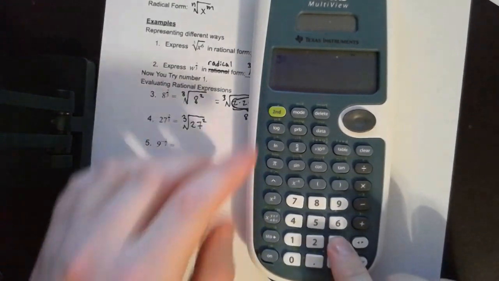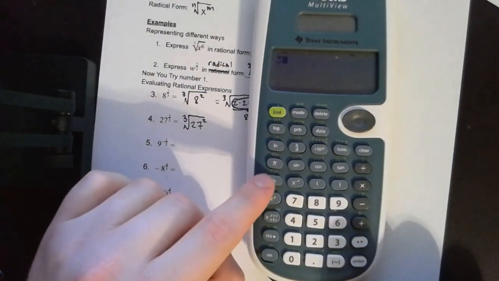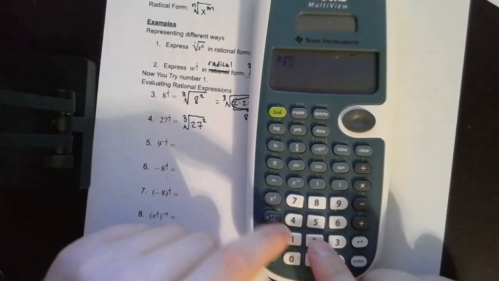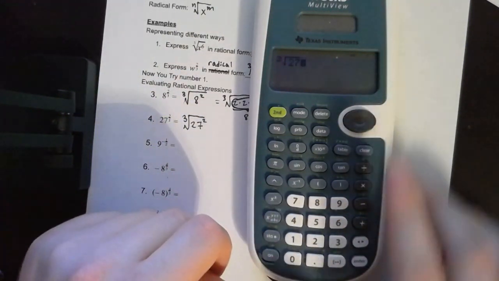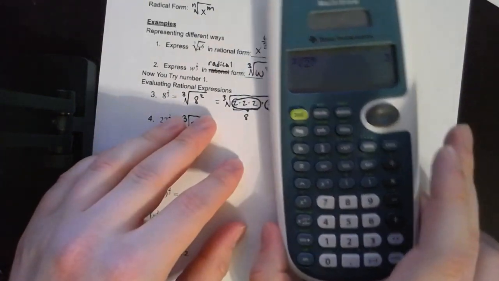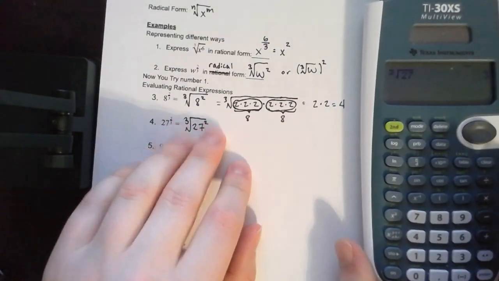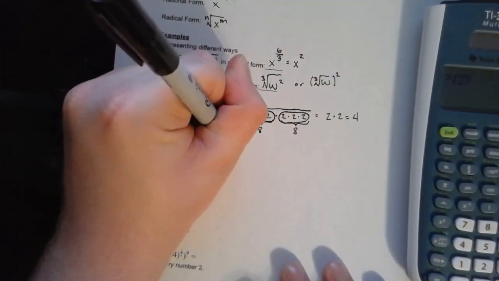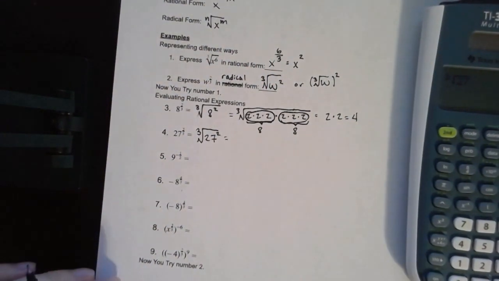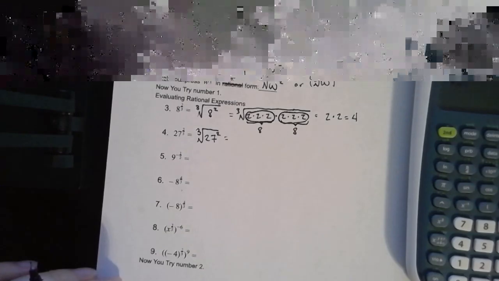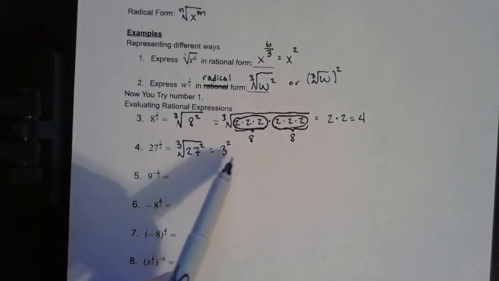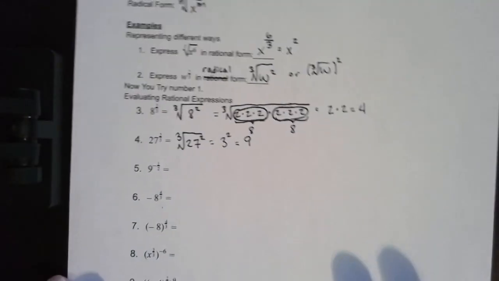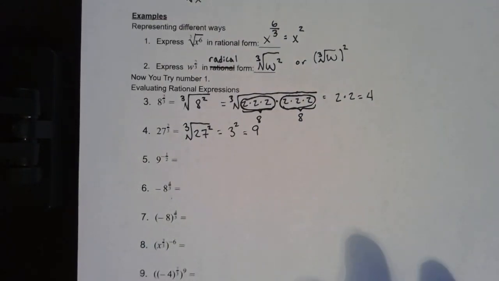Type in 3 first and then second, and then this button right here, that's where you get different kinds of radicals. And then inside we could type 27. So the third root of 27 is 3. So if you didn't know, 3 times 3 times 3 is 27. So I can say that this is really just 3 squared, and 3 squared is 9.